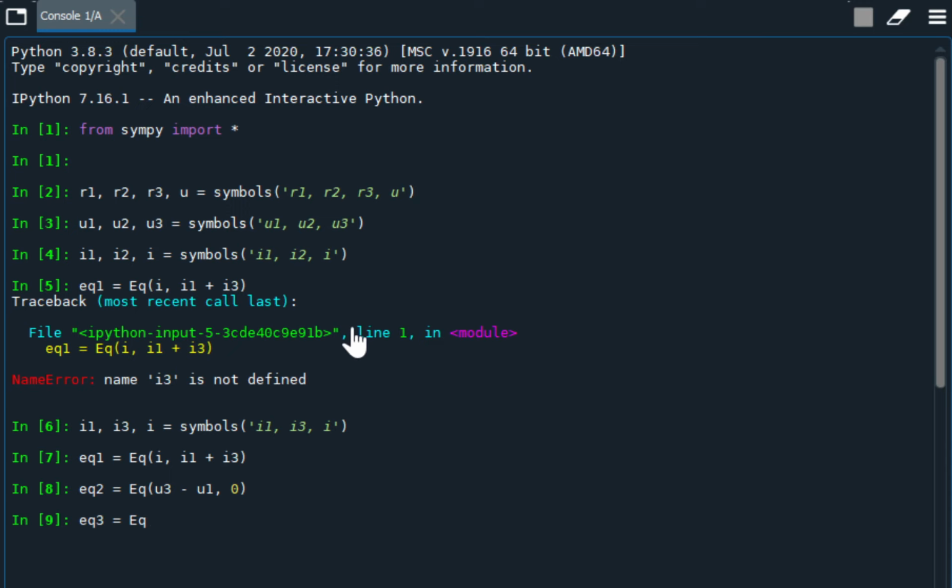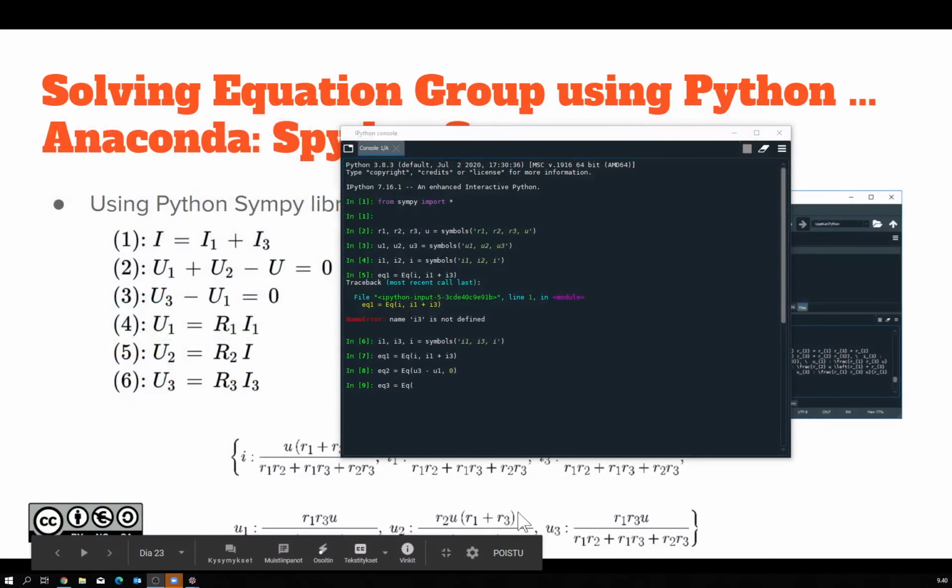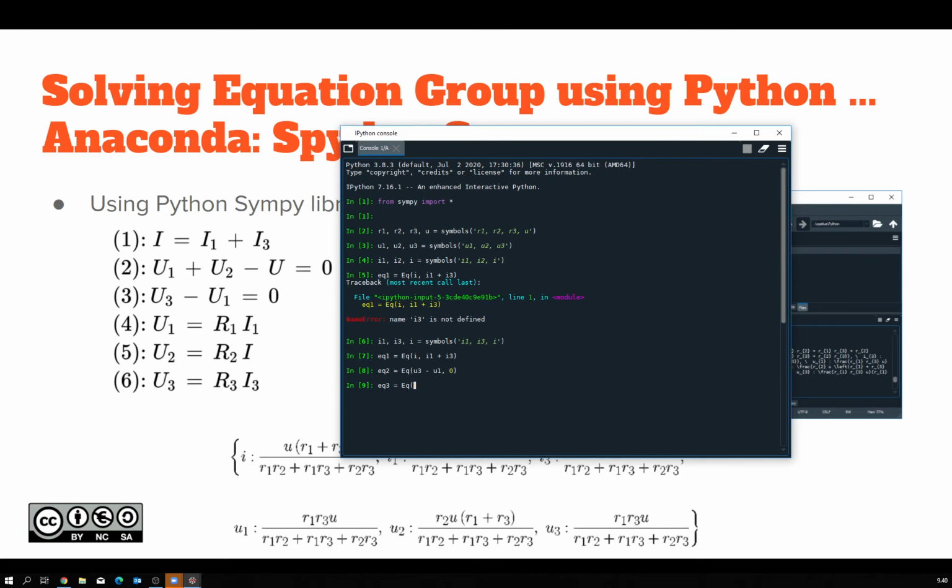The third equation is, okay, I better take it from here actually and show you what I'm doing. Sorry, now it looks very small, but I'm just typing. Basically, the third equation is the same as... oh, okay, that was the third equation. Sorry. The U3 minus U1 equals 0 is the third one.